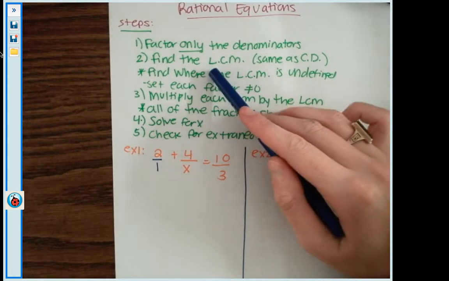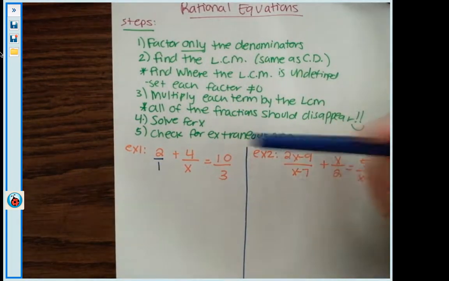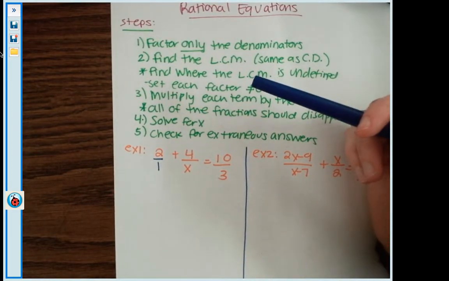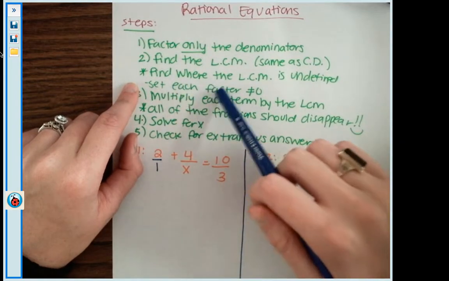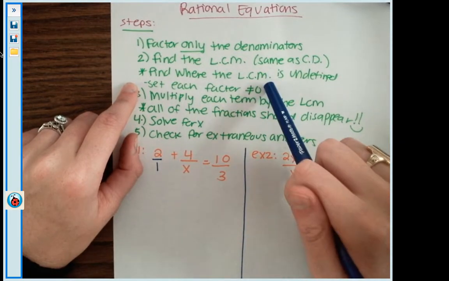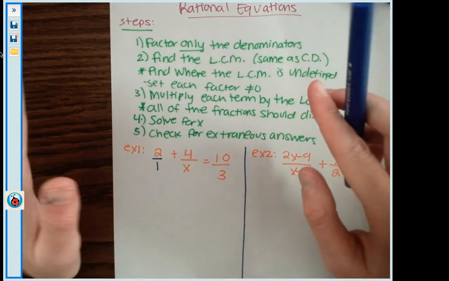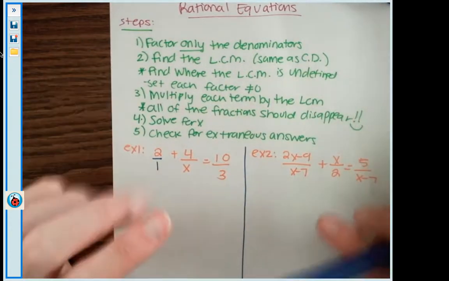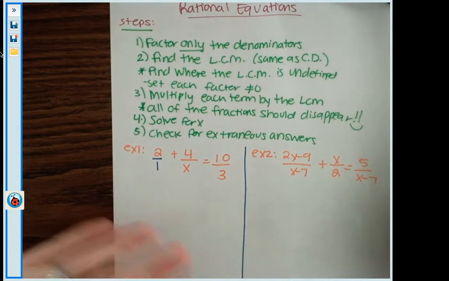This time we're going to call it the LCM, but it is the same process we use to find the common denominator. And afterwards, we're going to find where it's undefined by setting each factor not equal to 0. So act like you're finding a common denominator, but we're just going to call it the LCM, or least common multiple. So let's find that thing.